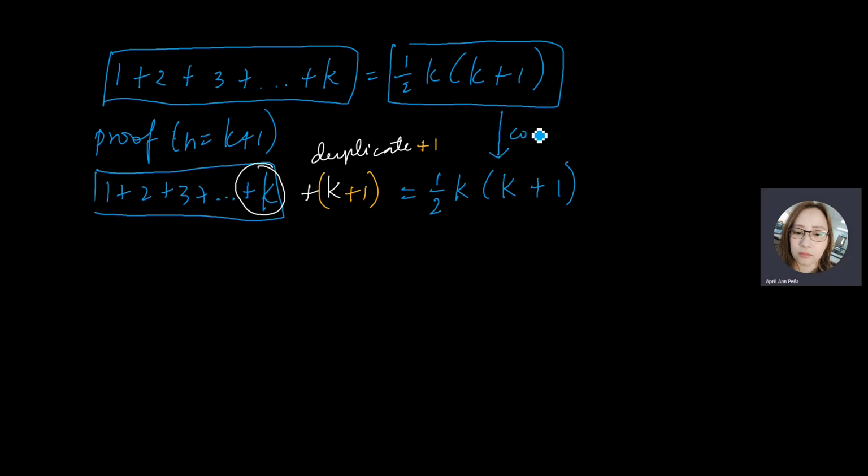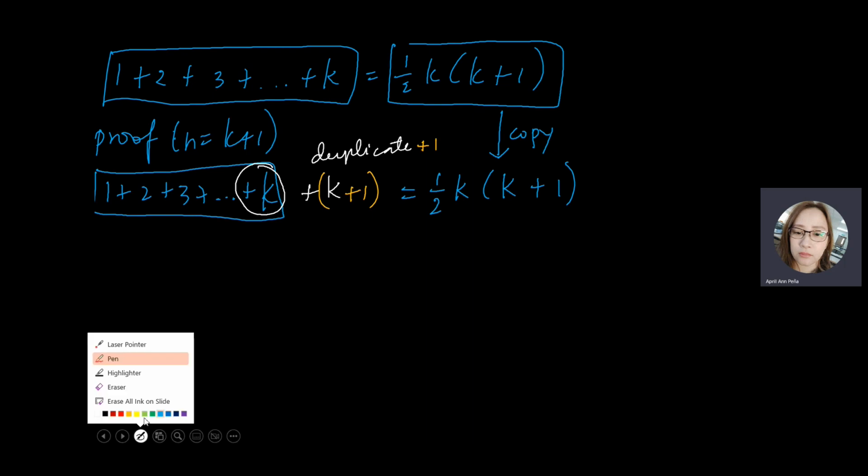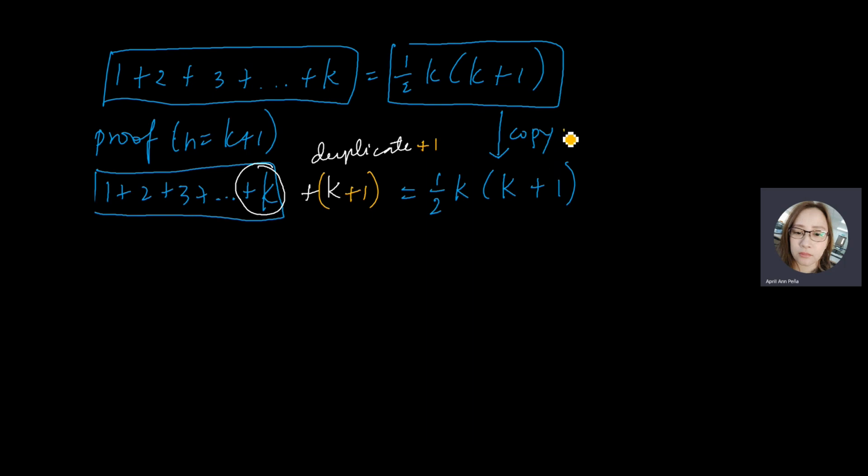So we copy it. Then after you copy the right side of the induction hypothesis, you're going to put +1 on the k. So we do have two k's on the right. So you put +1, then open and close like that. Then +1 also, open and close parenthesis. Next.